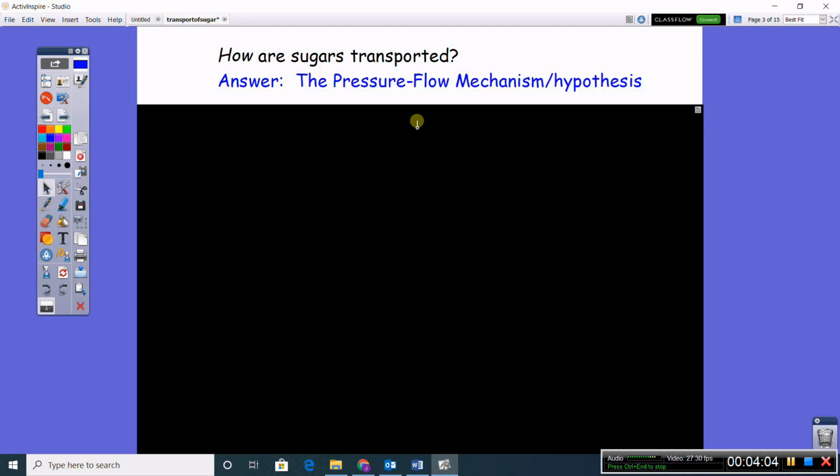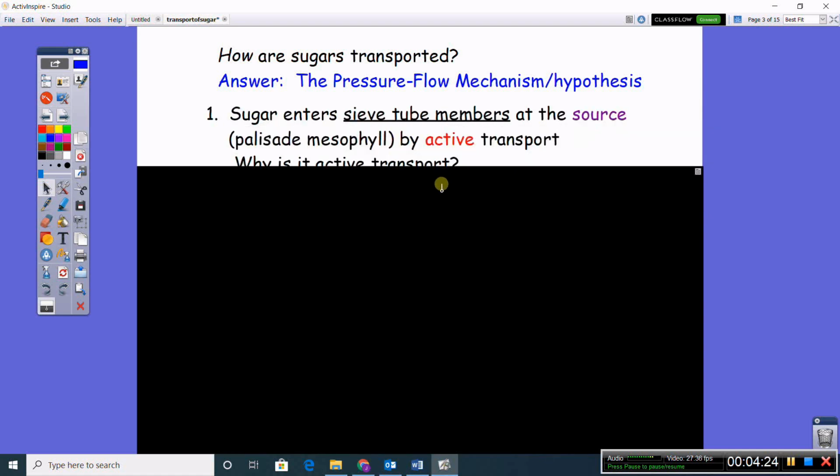That was the cohesion, transpiration, cohesion, tension theory. This is pressure flow. I'm going to post a little animation for this. I don't want to do it in the video. I don't want YouTube to flag this as being copyright violated. But I do want you to watch the animation that I post in conjunction with this. I think it'll help you to understand this concept a little better.